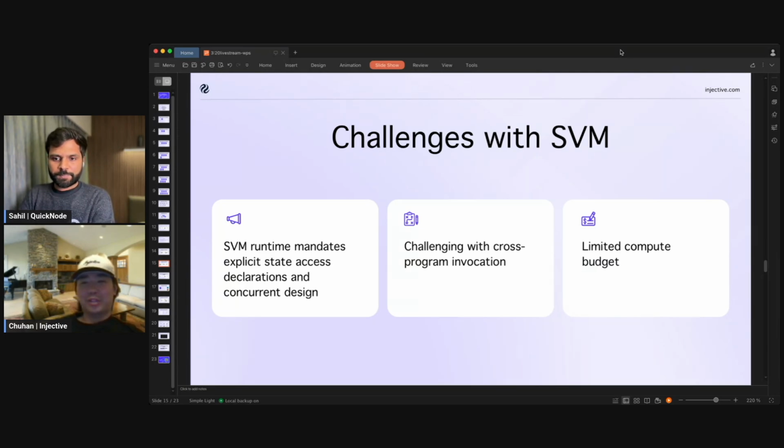And for people who have tried pump.fun before, especially during meme season a few months ago, when I tried to chase meme tokens through pump.fun during busy periods, the transaction just got stuck there. I don't know whether it was processed or not, and I could not resubmit either. So there are also some challenges with SVM.